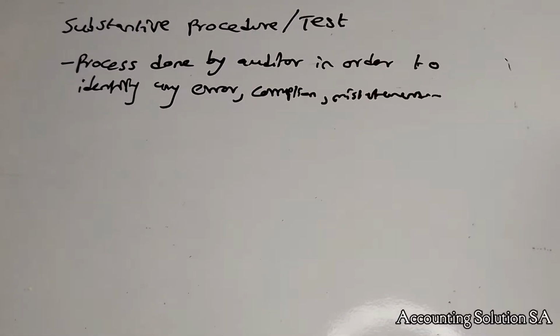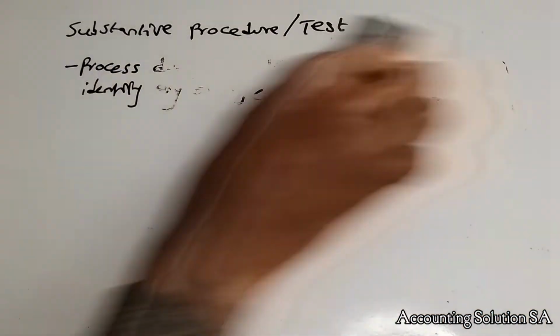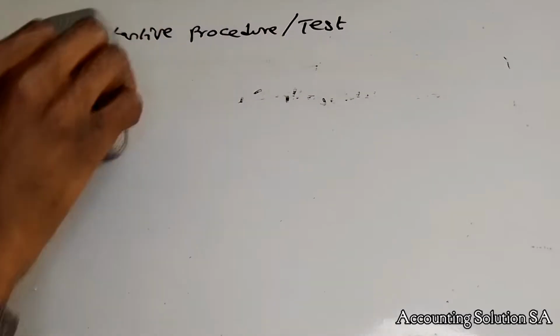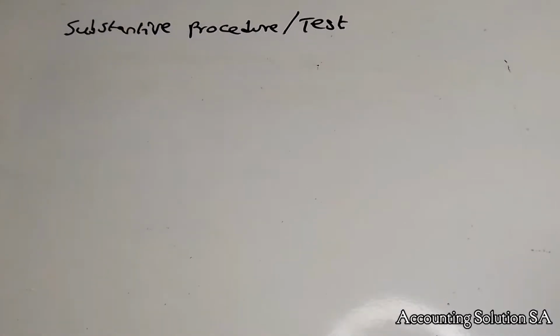So now the question is, how should we perform a substantive procedure? Or if you are given a question, how are you going to answer a question which is related to a substantive procedure? Firstly, what I want to give you clarity about is that there are no steps when we perform a substantive procedure.